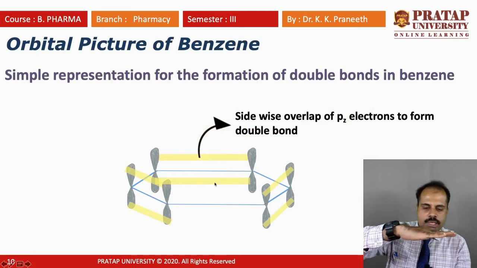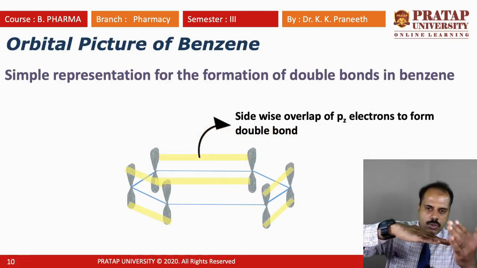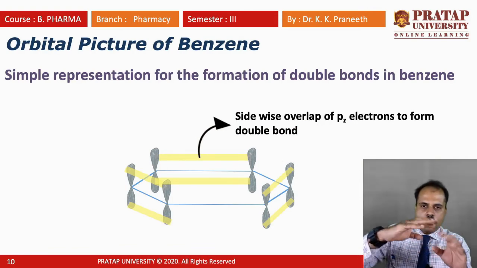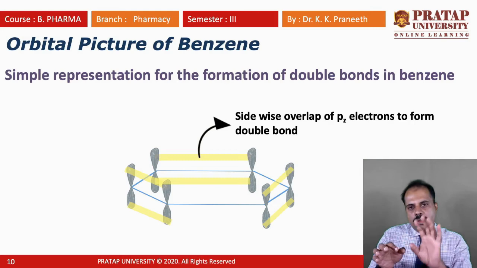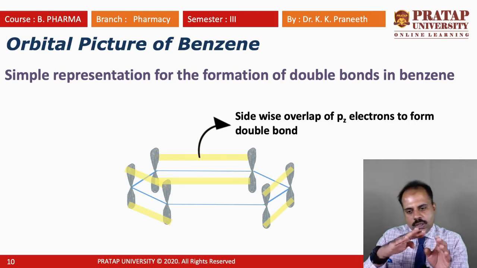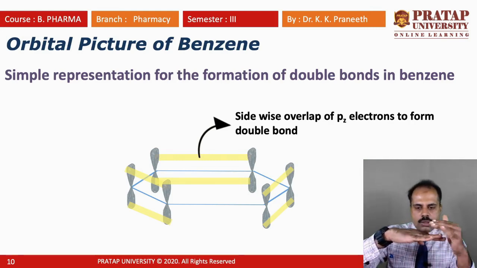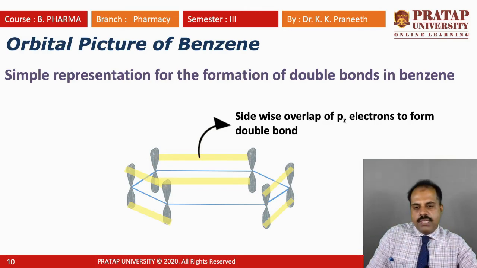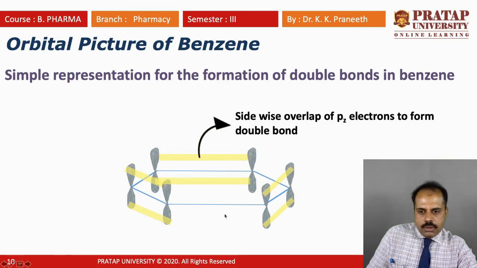So this is the benzene structure. It can also form the pi bond here. So there will be some electron cloud here, and some electron cloud here, depending on how the electron is present. So the double bonds are present above the plane of the benzene ring. So this is the simple representation of the formation of double bonds in benzene.